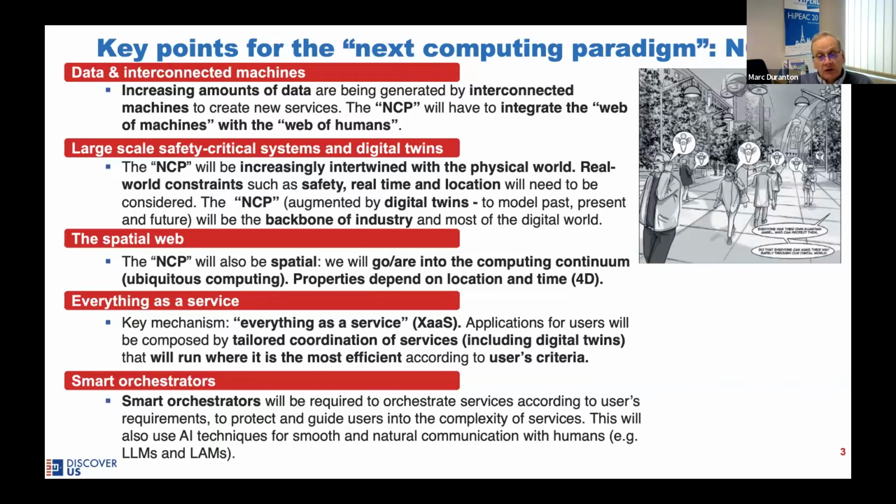Sometimes you don't care about the latency, so you could use free services on the other side of the world. Sometimes you want to deal with private data, so then you need a service that is local, that could be inside your computer or in your company or in your home. So all this should be selected according to these criteria.